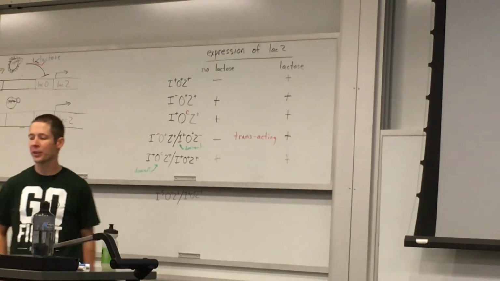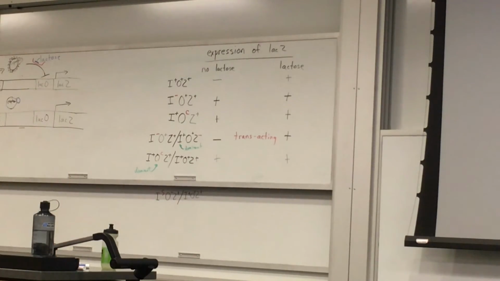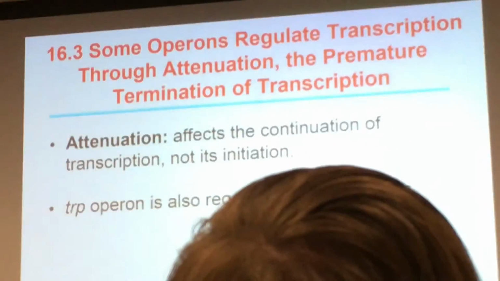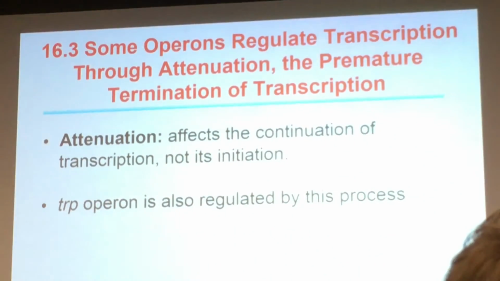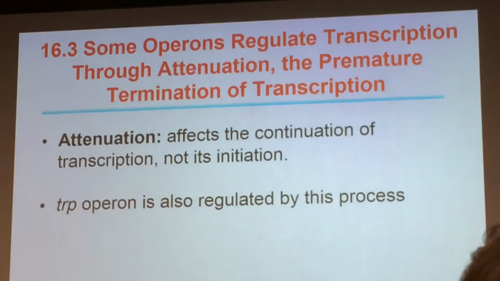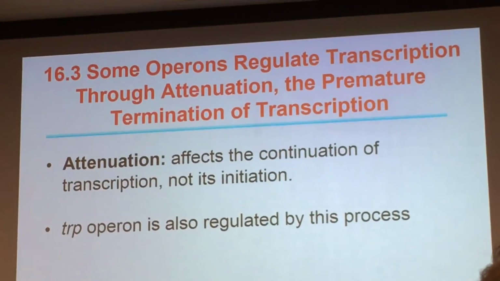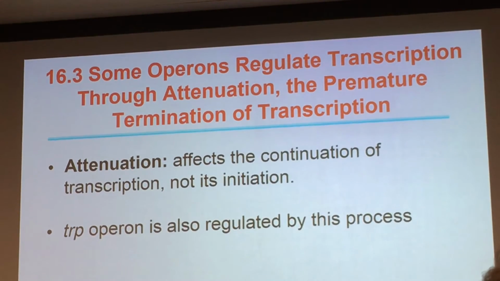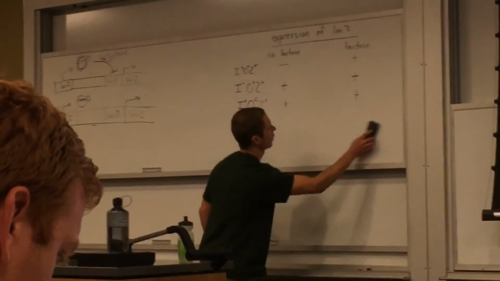So attenuation is a phenomenon that affects the continuation of transcription, not its initiation. This is another second level of regulation that actually works on our trp operon, the one we just discussed. And again, I think maybe rather than showing the slides, it may be a little bit easier to draw it out on a board.